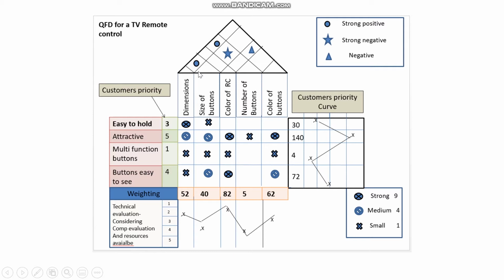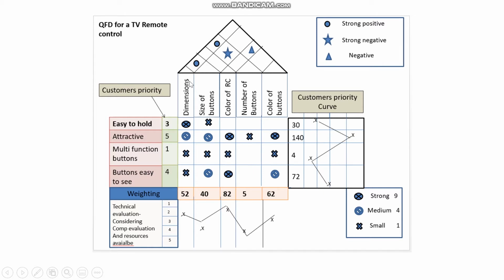Yes, strongly positive relationship. Strongly positive relationship means I have given some symbols. You see here the round symbol, and strong negative, there is no relationship, means it's given a star, and negative means it's given one button. So according to that you have to fill in. I will tell, see there, dimensions, size of the button.